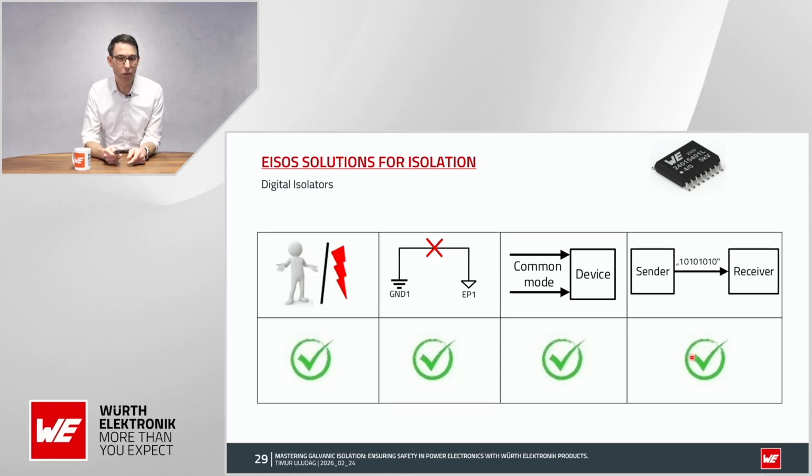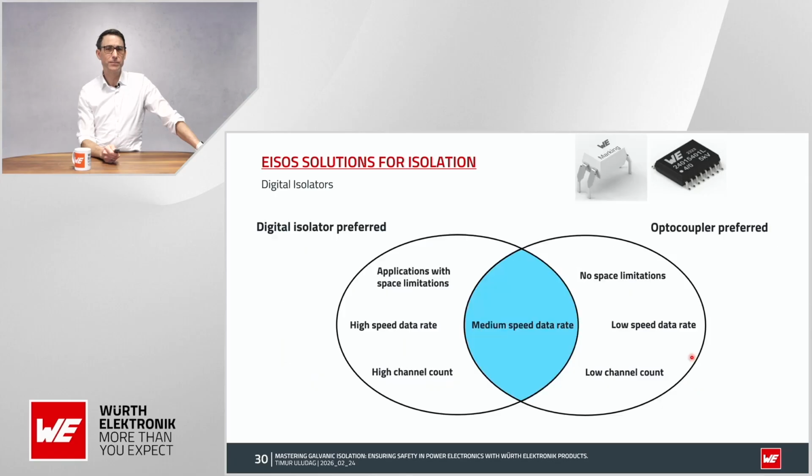Now we know optocouplers and digital isolators. When can we use which product? Broadly speaking, if you have got applications with space limitations, high channel count, high speed data rate, then you should prefer a digital isolator.